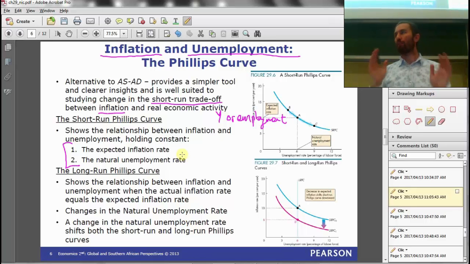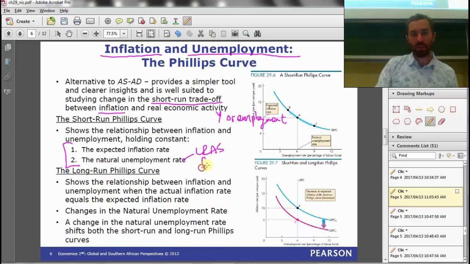In other words, our full employment level of output is fixed. Okay, natural rate of unemployment is fixed means long run aggregate supply is fixed. That does not shift. It's set at one position. So what do we end up with?